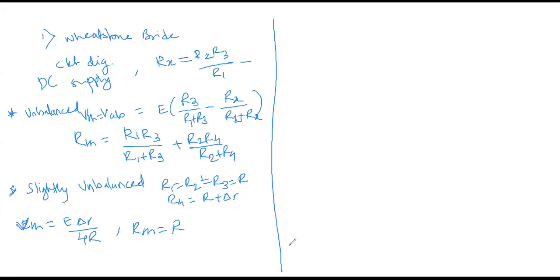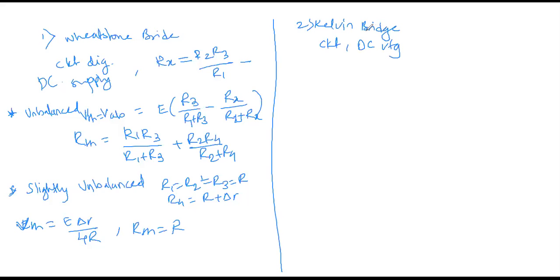Then in Kelvin's bridge, what have we discussed? We have discussed that it is used for low resistance measurement. So draw the circuit diagram. Again, we applied DC voltage to the Kelvin bridge.